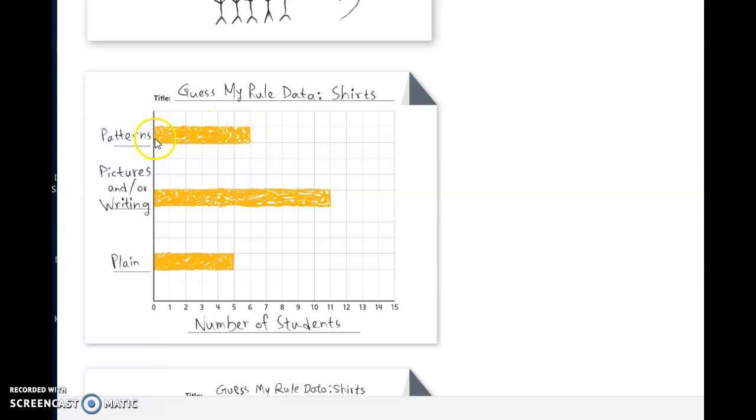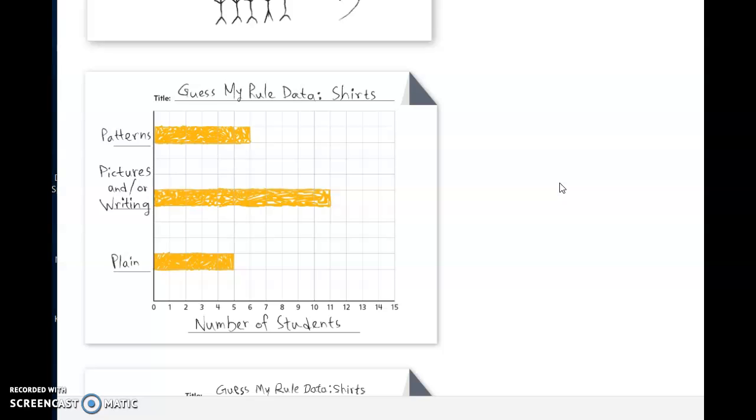Then we can see that the number of patterned or striped shirts were 1, 2, 3, 4, 5, 6. This student has clearly titled the graph at the top, Guess My Rule Data Shirts, has our 3 different categories, and then the number of students at the bottom clearly filled in.